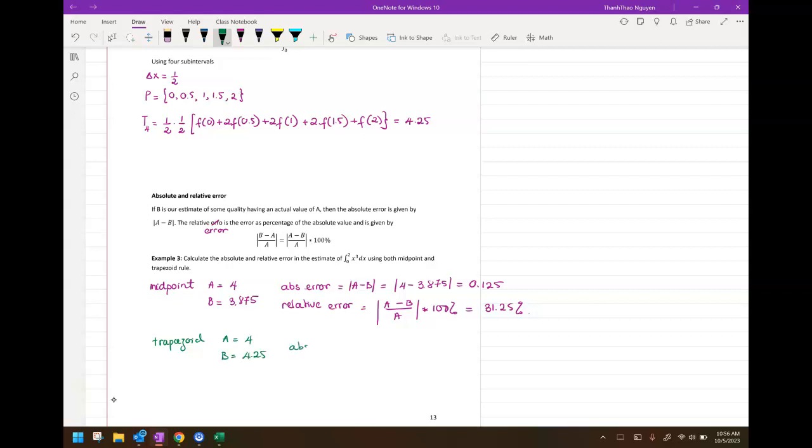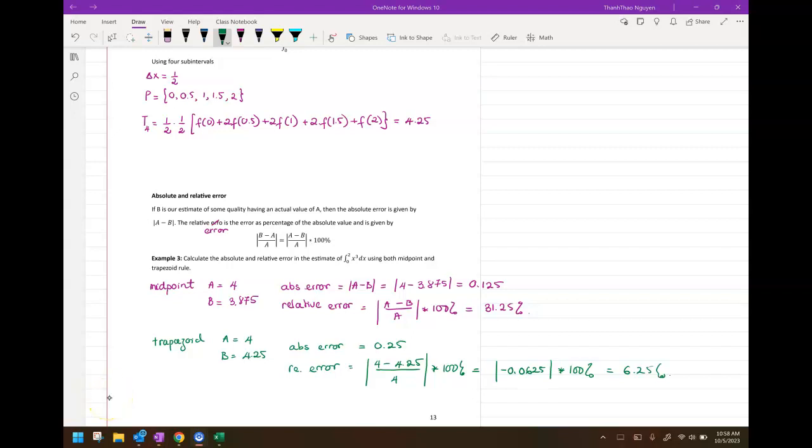So then the absolute error is equal to 0.25, and then the relative error is the absolute value of 4 minus 4.25, divided by 4, multiplied by 100, and that is the absolute value of negative 0.0625 multiplied by 100, and that is 6.25%.